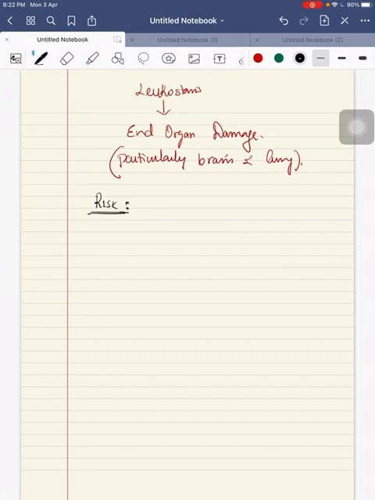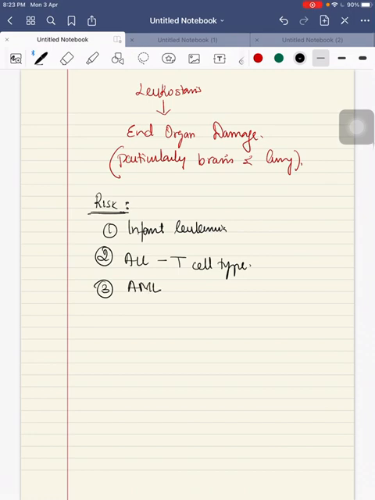There are some leukemias which are prone to have hyperleukocytosis. So the leukemias at risk are infant leukemia, ALL which are T cell type, and AML which are monocytic.